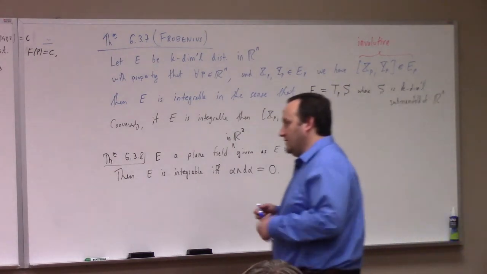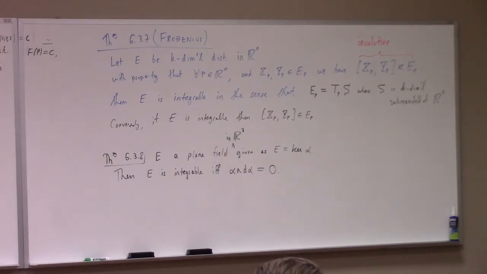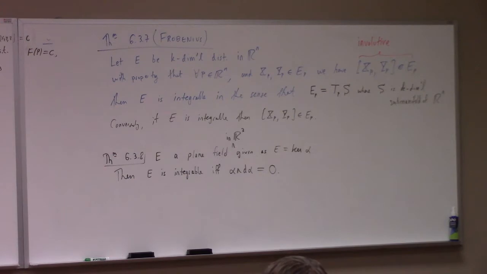Suppose I'm working in space-time. Time-space, rather. T, X, Y, Z, right? Suppose I want to look at a plane field where Y and Z are free to range. These are free, but T and X are fixed.